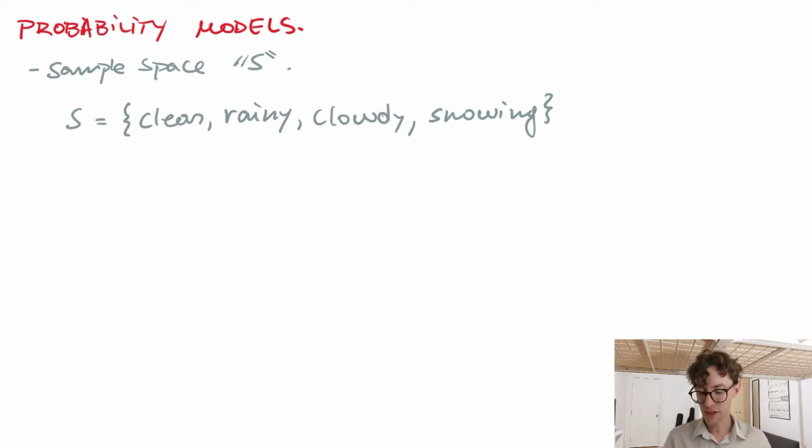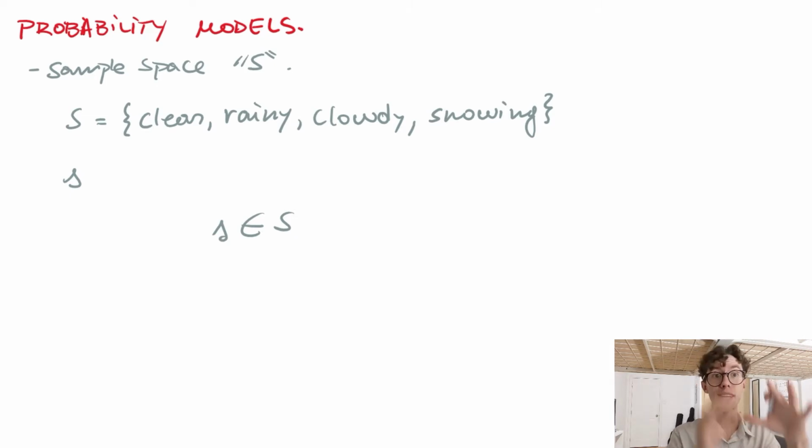And the notation that we'll be using in these lectures, and the textbook uses this notation as well, is that little s is an element of S, meaning anything inside of my little s is also inside of big S, the sample space.